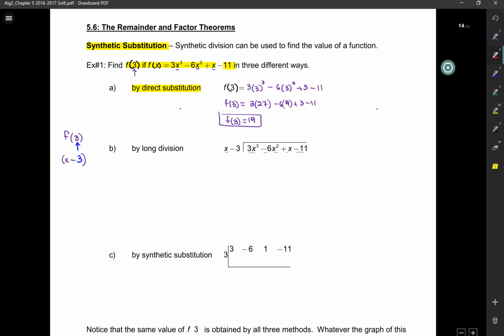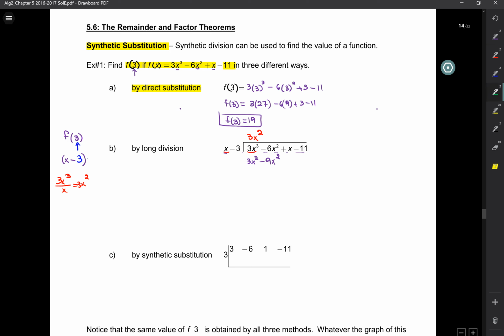All right, so we have the first term over the first term, which equals 3x squared, and I put that here. I multiply 3x squared times x gives me 3x cubed. 3x squared times negative 3 is negative 9x squared.